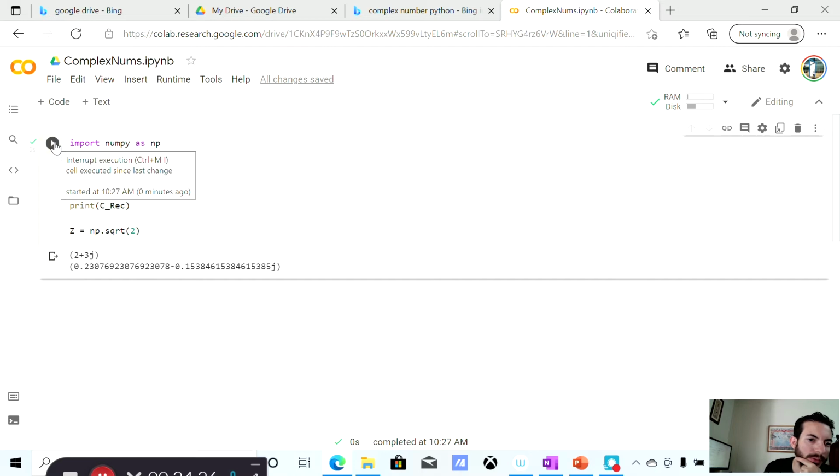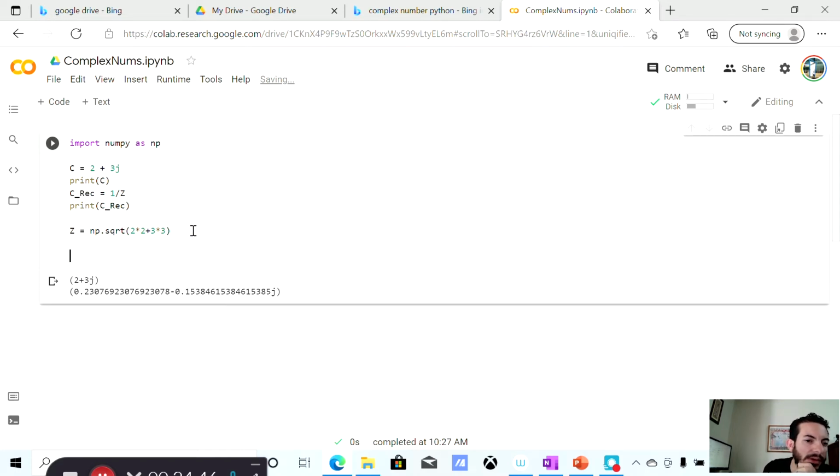What is the square root of 2? Yeah, I can run that. Excellent. So the square root of 2 times 2, which is 2 squared, plus 3 times 3, which is 3 squared, right? 2 times 2 is the same thing as 2 squared, and 3 times 3 is the same thing as 3 squared. So that's going to be my z.